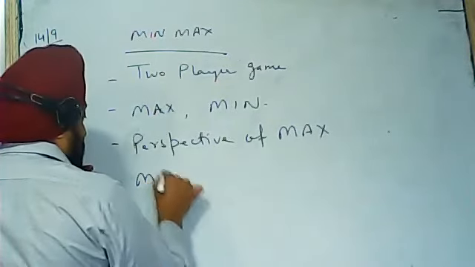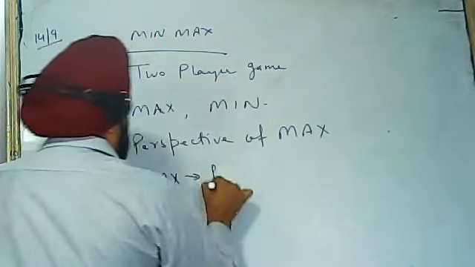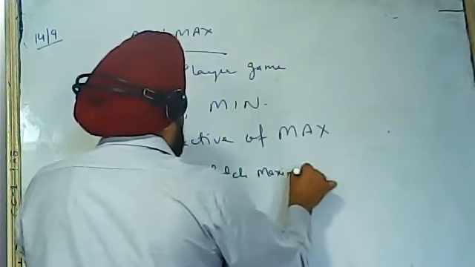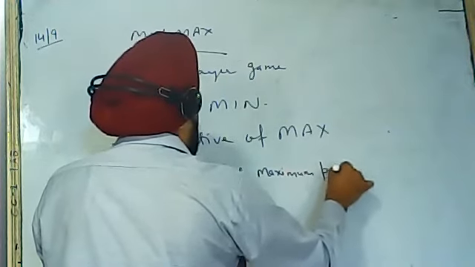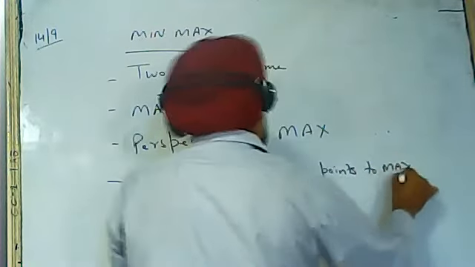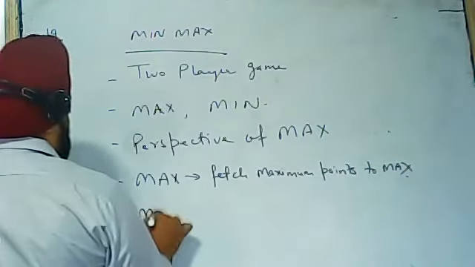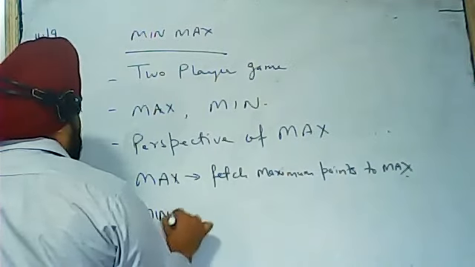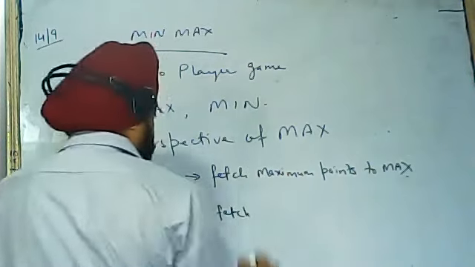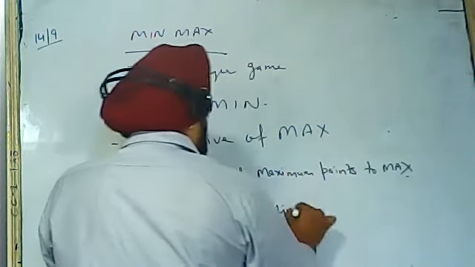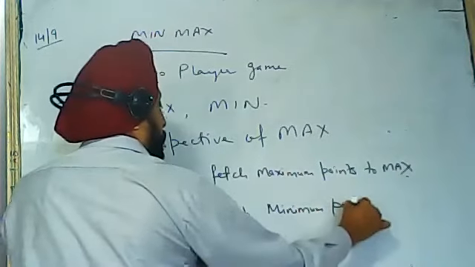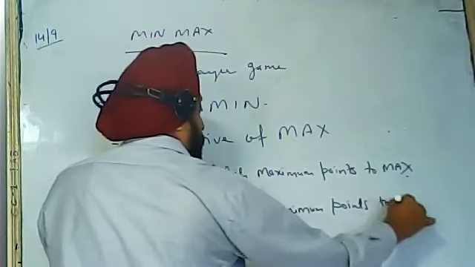Max's strategy is to fetch maximum points to max. Min's strategy is to fetch minimum points to max.